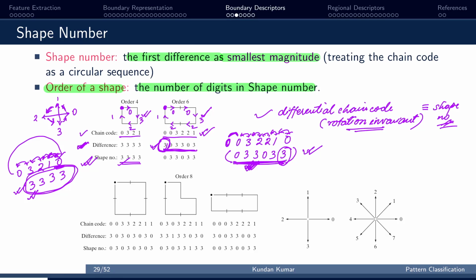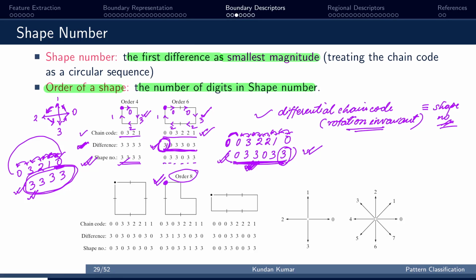So when you write these numbers in the circular sequence, this number will be your smallest. So that's why it is 0, 3, 3, 0, 3, 3. Okay, so now let us consider this shape. One more we will check.